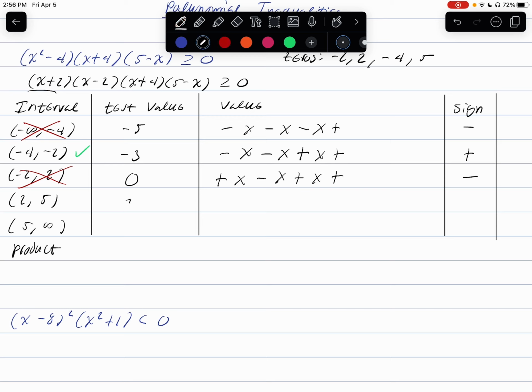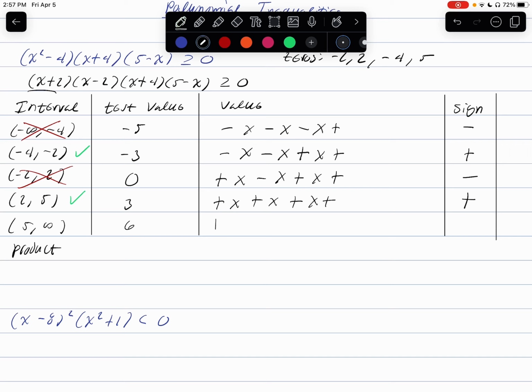Okay, how about 2 to 5? I like the point 3. So if we plug in 3, we have 3 plus 2, that's positive. 3 minus 2, that's positive. 3 plus 4, that's positive. And then 5 minus 3, that is positive again. So this will be positive, and this will be part of our solution. So for 5 to infinity, we can try 6.